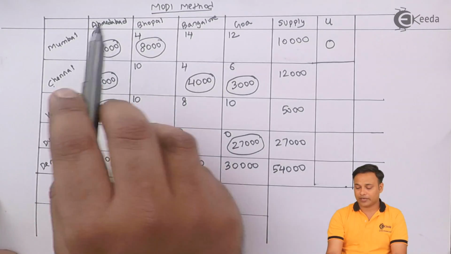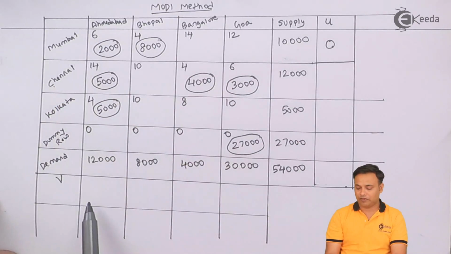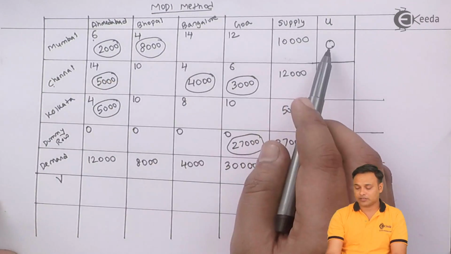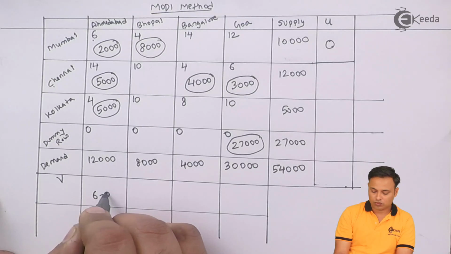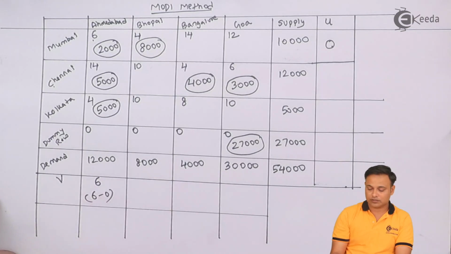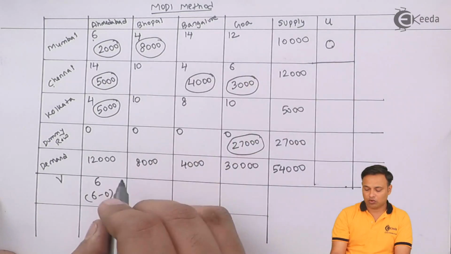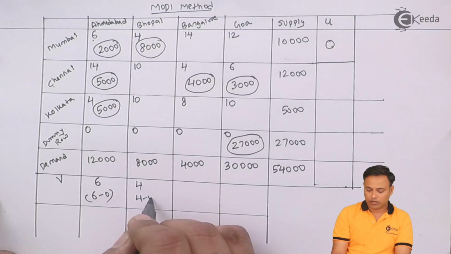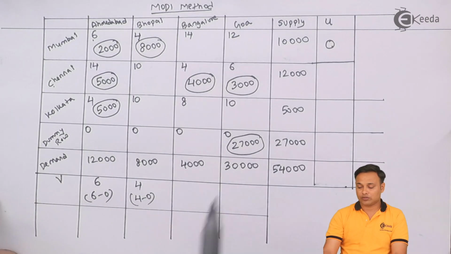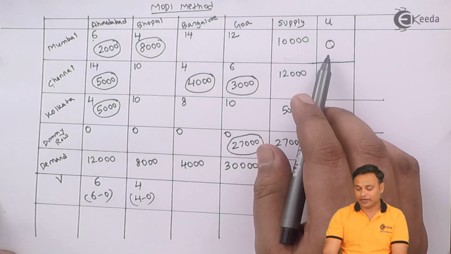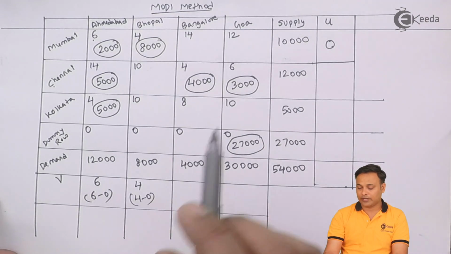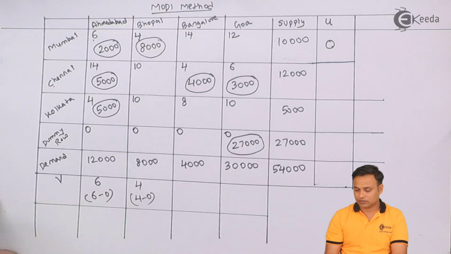So cost minus U will give me V. 6 minus 0, it will be 6. 4 minus 0, it shall be 4. So by using this 0, I calculated V values against two occupied cells.